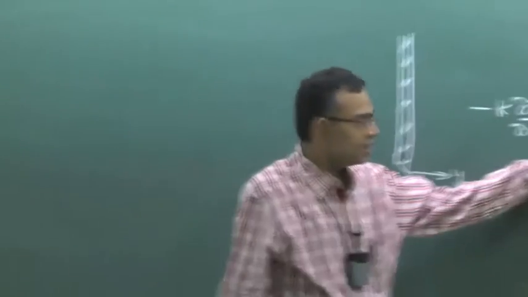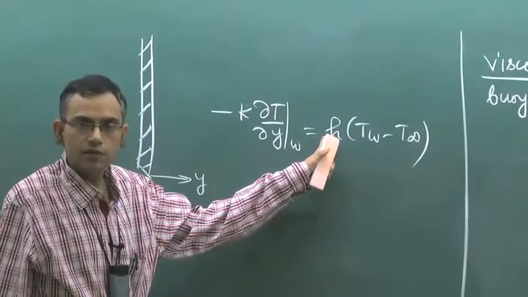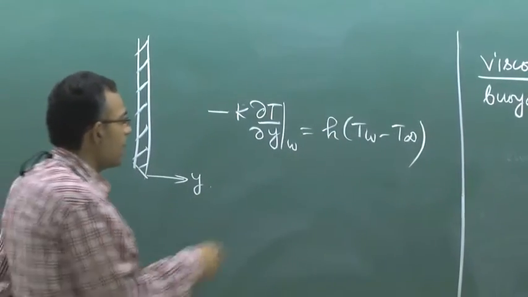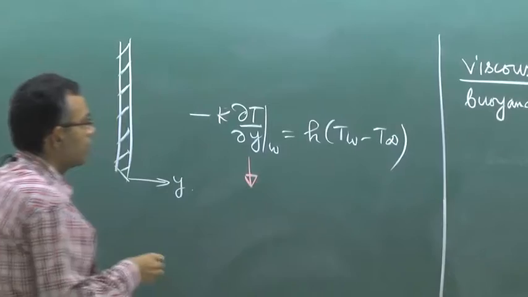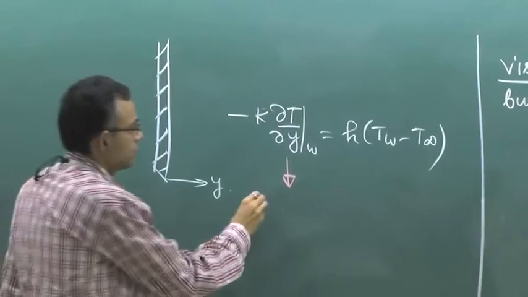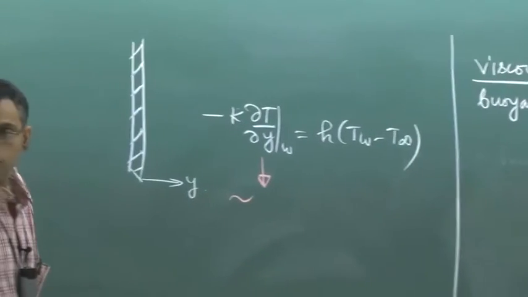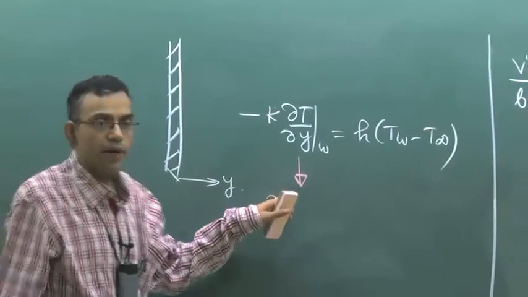Nusselt number is this h expressed in a non-dimensional form. So what is the order of magnitude of this?